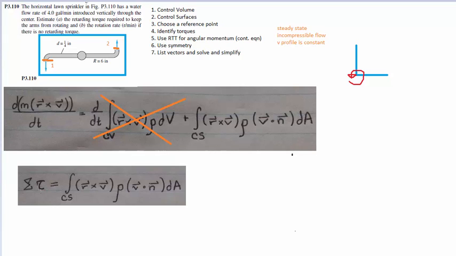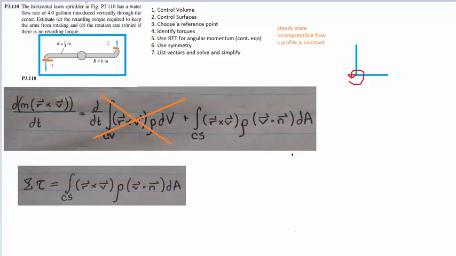So when we have a torque over here, know that in reality it is a vector, but I'm going to treat it essentially as a scalar, because everything is going to be pointing in the z direction, and we're not going to really have to worry about that. If you're doing some real three-dimensional Reynolds transport theorem problems, then you'll have to worry about the vectors and all that stuff. But for us, we're going to basically be simplifying these systems to two-dimensional problems like this.